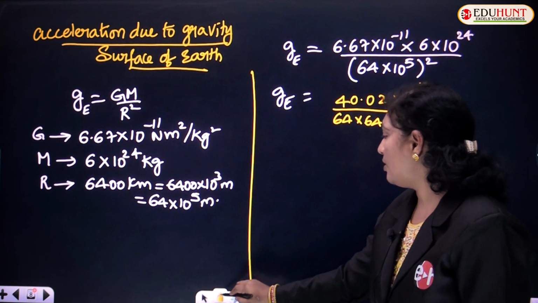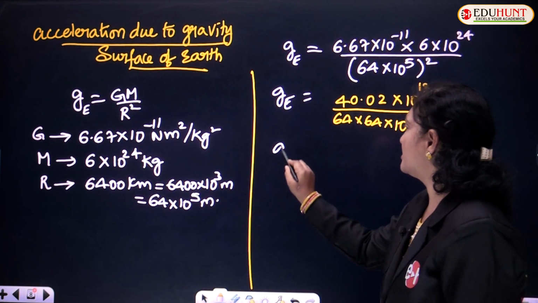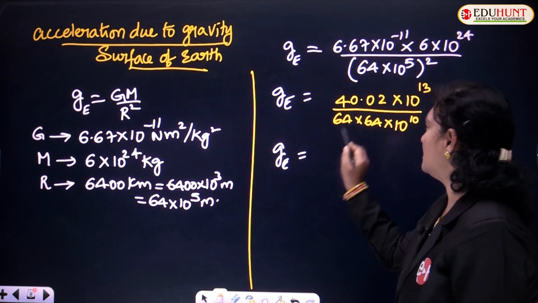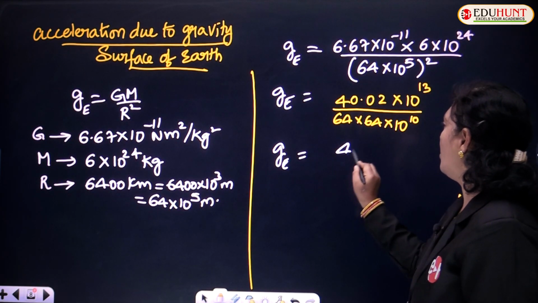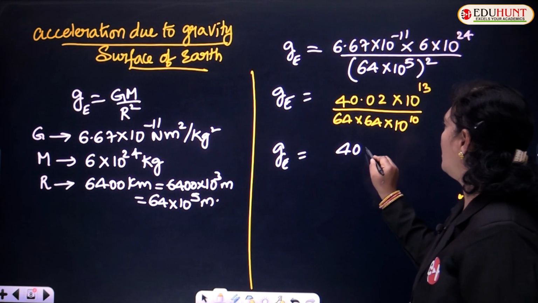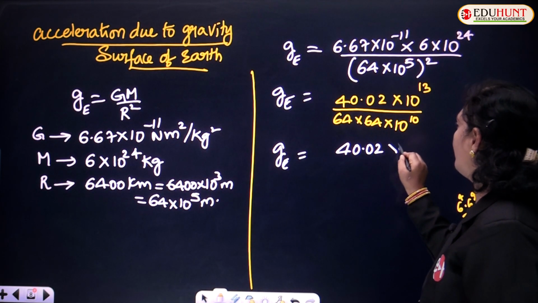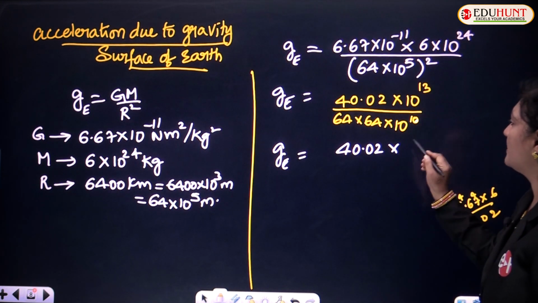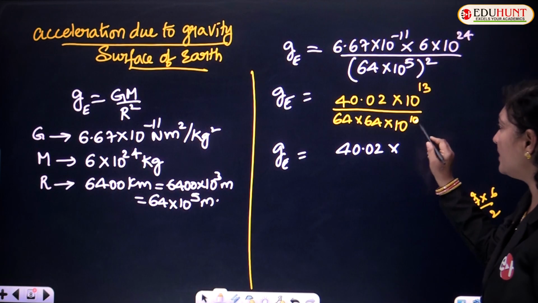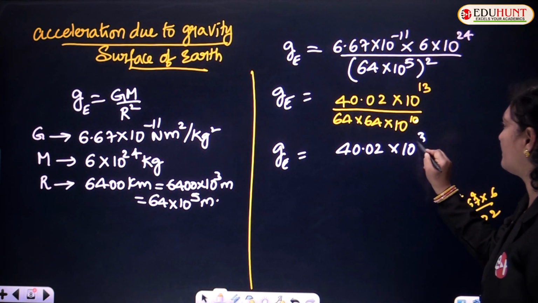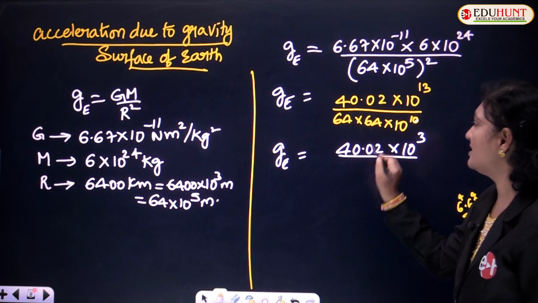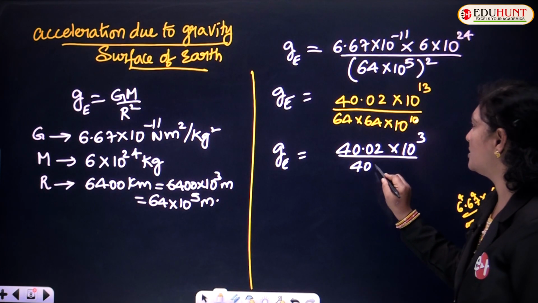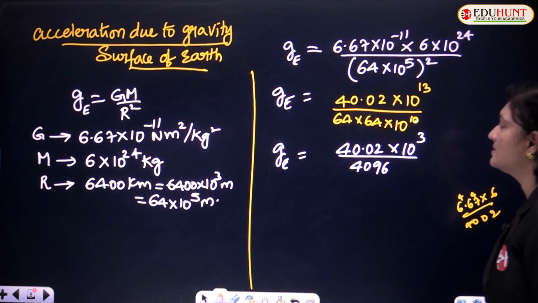Or the value of acceleration due to gravity on the surface of the earth is nothing but 40.02 multiplied by, if you bring this 10 upwards, 10 power 13 minus 10 power 10, into 10 power minus 10 will be 10 power 3, whole upon 64 into 64 is 4096, isn't it?